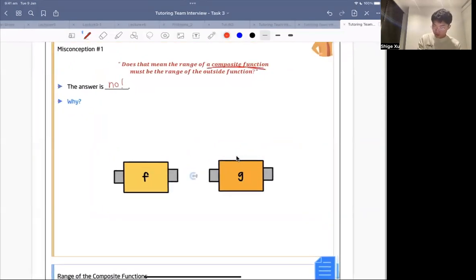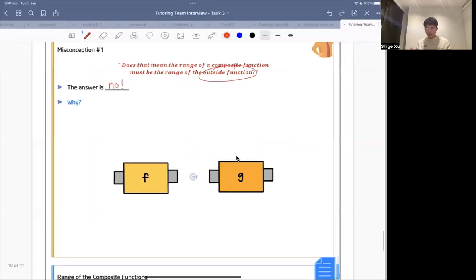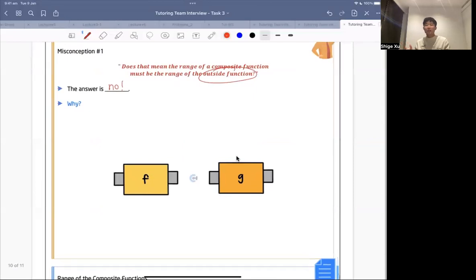So the composite function produces a range of values. The outside function also produces a range of values. But sometimes you can't get all the possible values that the outside function can obtain, because you are not guaranteed that you have the full set as the domain for the outside function.